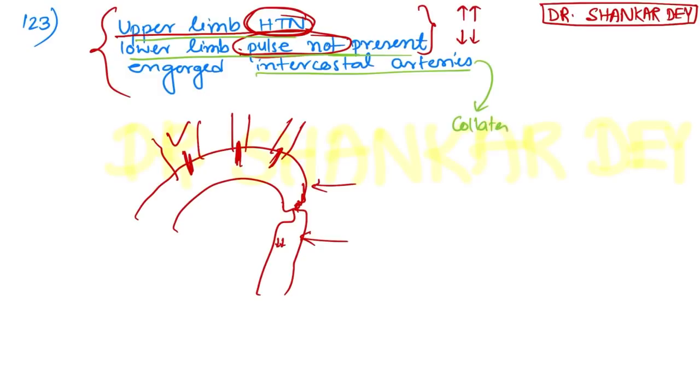I think you know this from your radiological knowledge. Because of these collaterals, there is inferior rib notching, which you have seen on X-ray in your radiology class. Next, the 3 sign is seen on X-ray.